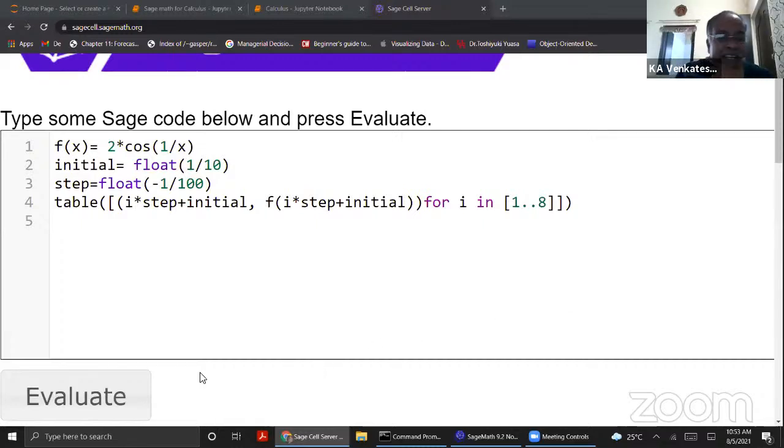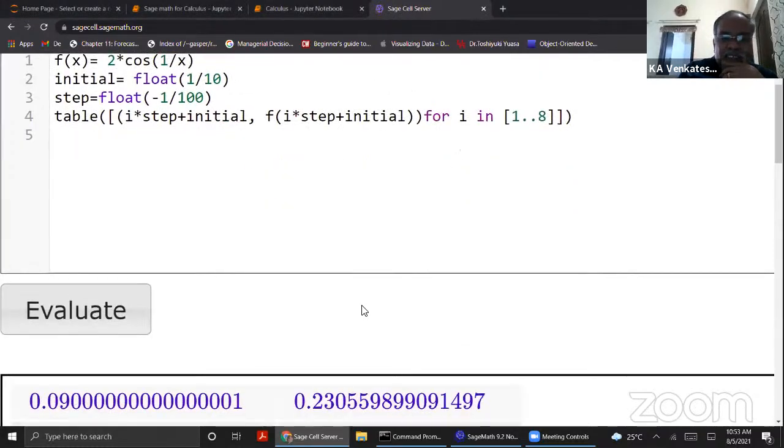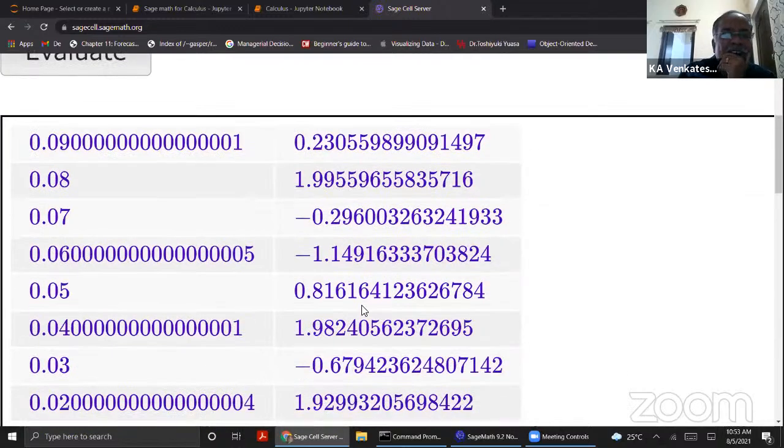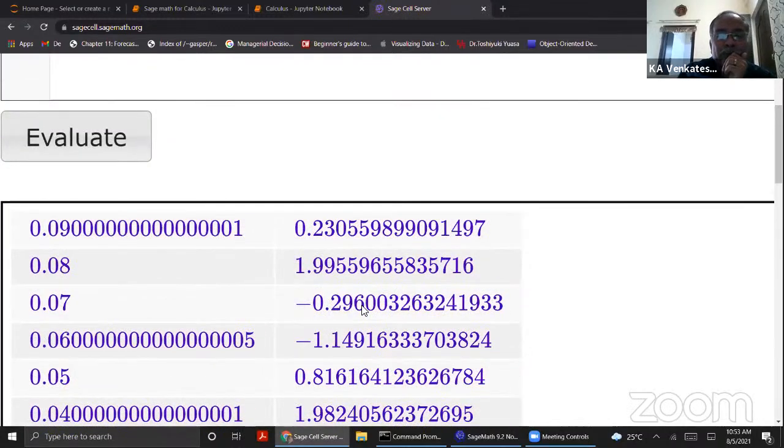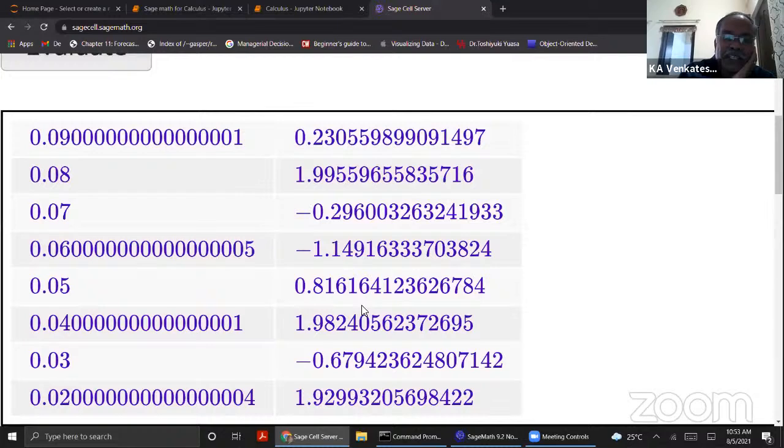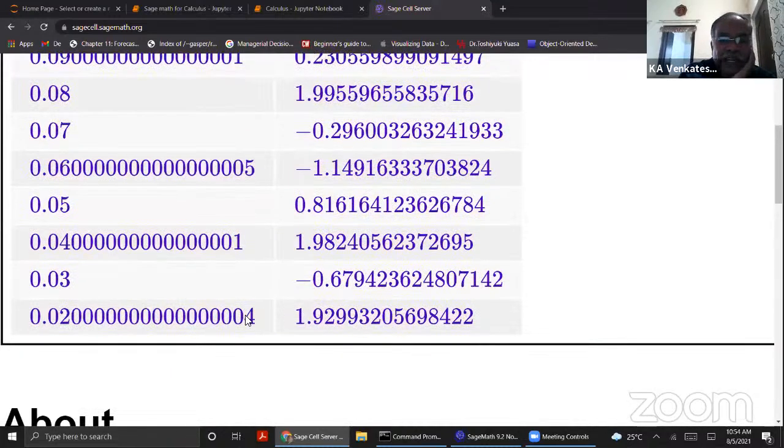Probably you might have typed it. The answer is 1.9299. So the first value is 0.23, next value is 0.19, next is minus 0.29, minus 1.2. So after some time, it becomes 1.9.